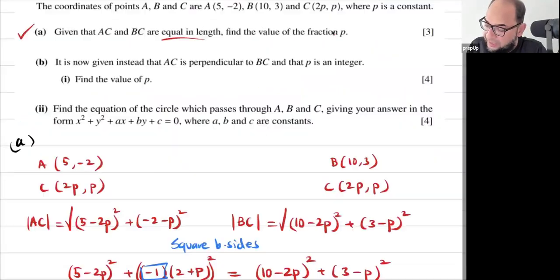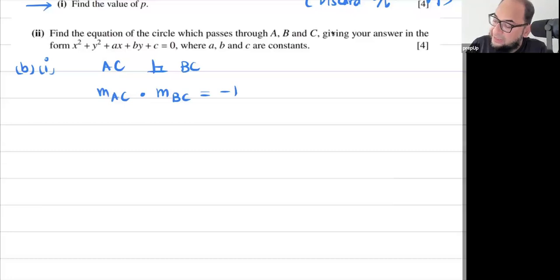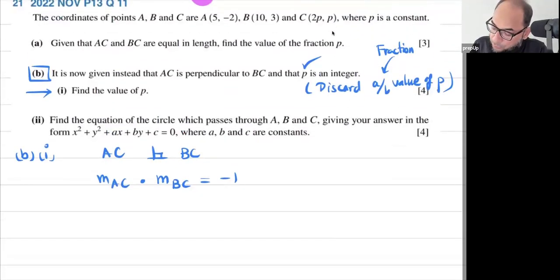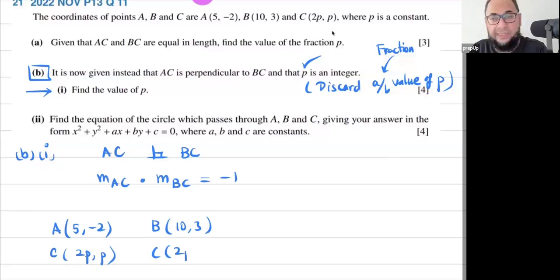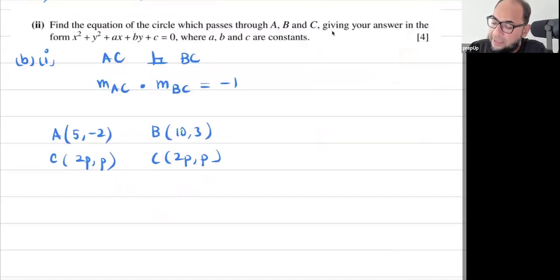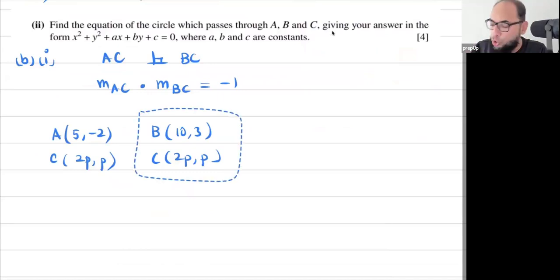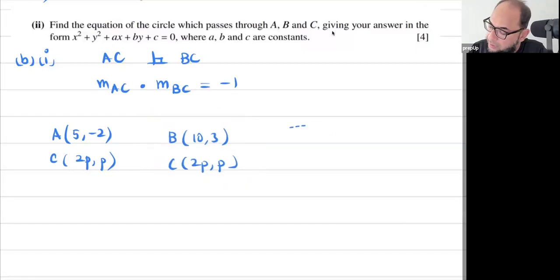Have we calculated the gradient before? No, we calculated the distance before. So now we have A, which is (5, -2). We have C, which is (2p, p). We have B, which is (10, 3). We have C, which is (2p, p). Now it's my habit to write down the coordinates exactly over there rather than searching all over the place.